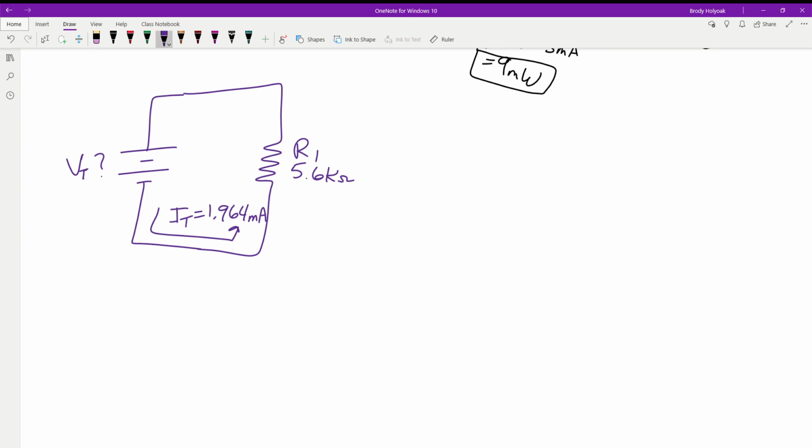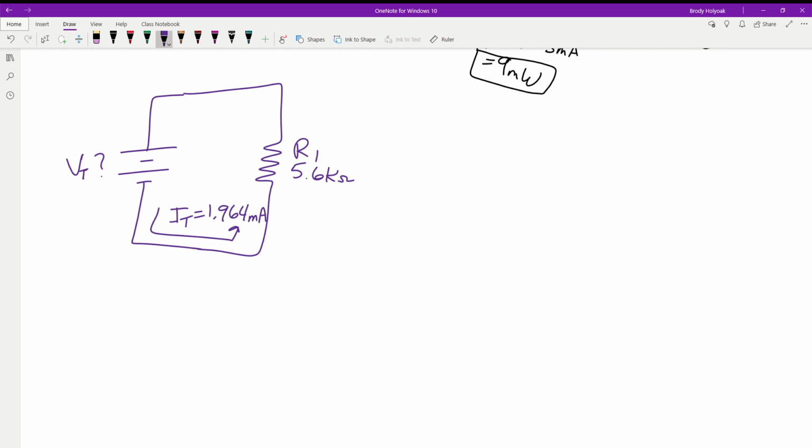Jeff, what formula do we use? Is that 1.964? Yes, 1.964. I times R. We're looking for voltage. Whatever's left in their configuration gives us how we do the formula.